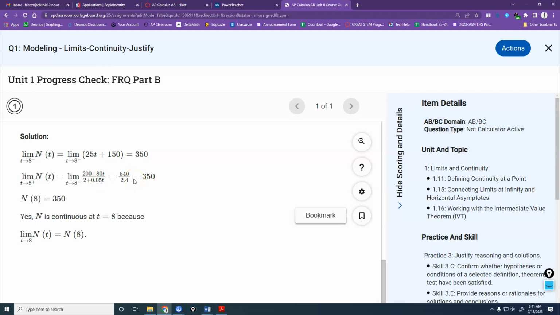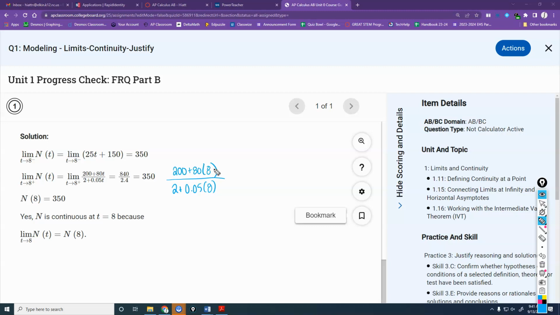On this one, you're going to have to do a little dividing of some decimals. So you've got 200 plus 80 times 8 over 2 plus 0.05 times 8. You do actually have to simplify this because you need to know whether it's equal to 350 or not.